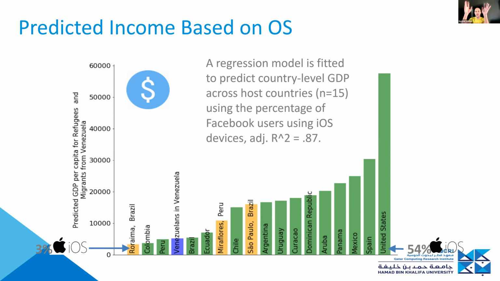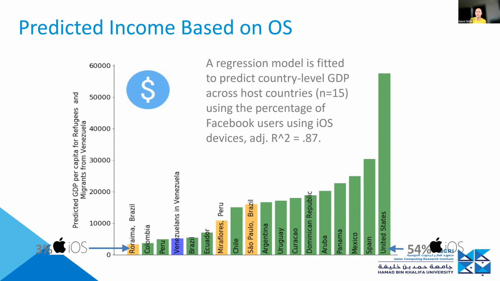Now we collect this for all the Latin American countries, so these 15, and then we fit a single, very simple regression model that just uses a single independent variable to predict per capita GDP. Just using this single variable, you can explain close to 90% of the variance in per capita GDP.